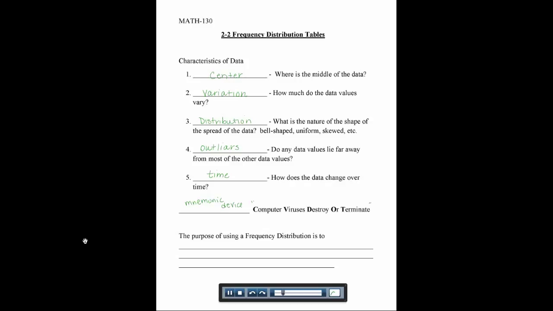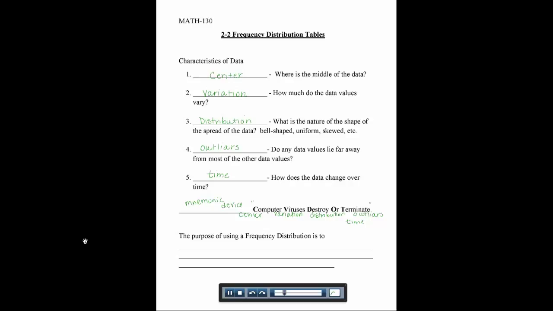So the C stands for center, the V stands for variation, the D stands for distribution, the O stands for outliers, and the T stands for time. You don't need to memorize the order of these words, just something you can always think of for what you would want to know about data.